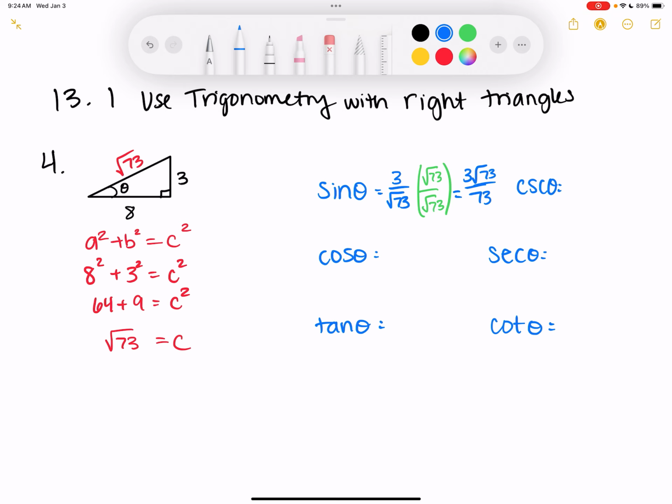Cosine is adjacent, so that's 8 over the hypotenuse square root of 73. So again, I need to multiply by the square root of 73 over the square root of 73 because I need to rationalize it.